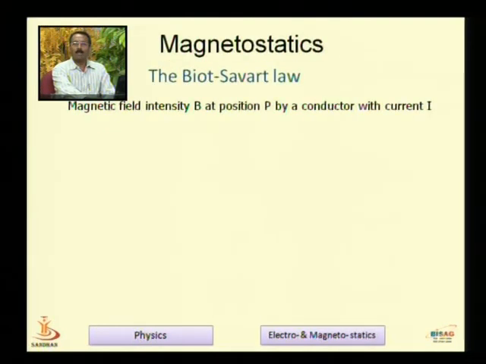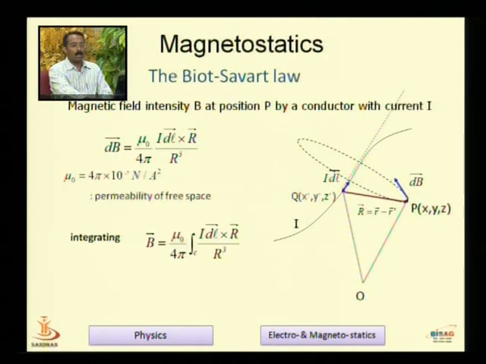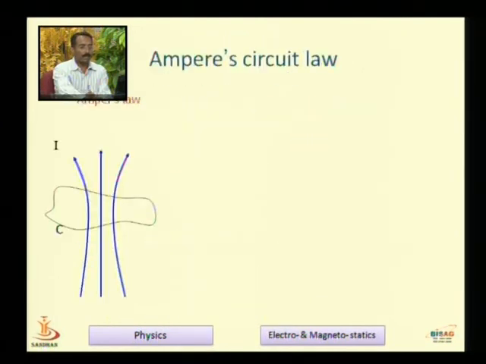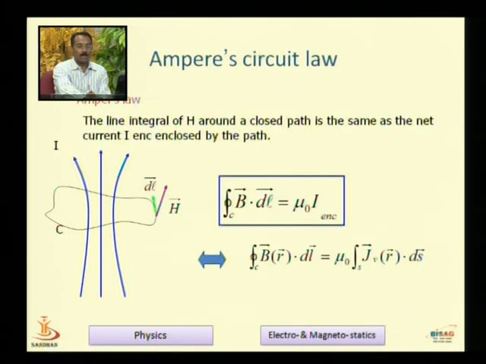Now if we consider magnetostatics, then Biot-Savart law. Using Biot-Savart law, one can compute magnetic field. Similarly, using Ampere's law, you can also compute magnetic field. But when to use Ampere's law and when to use Biot-Savart law?